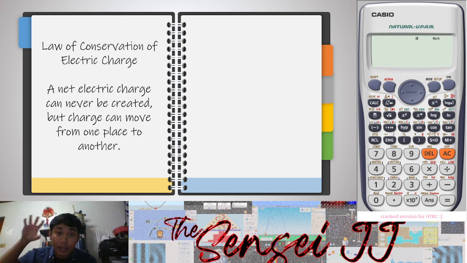It can only be transferred from one point to another. So that is our electric charge law of conservation. If you get confused, always remember it is the same as energy: it cannot be created, it can only be transferred from one point to another.